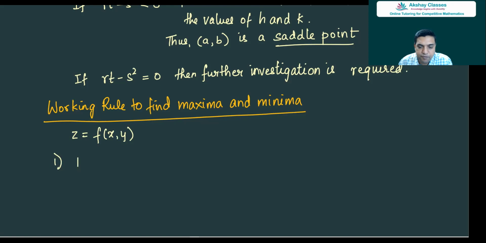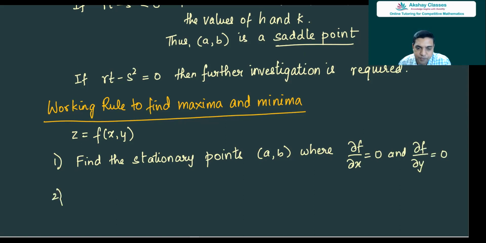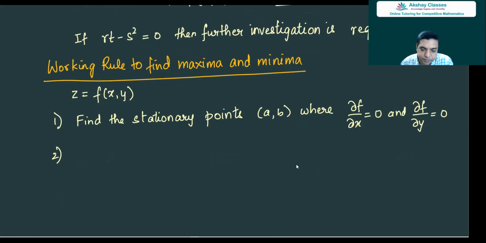First step, find the stationary points a comma b, all stationary points where the first partial derivative along x is 0 and the first partial derivative along y is also equal to 0. The partial derivatives with respect to x and y are 0 at a comma b. So this is a stationary point.